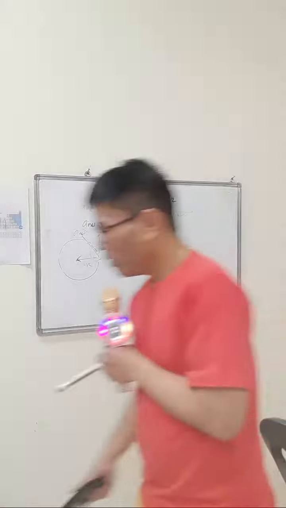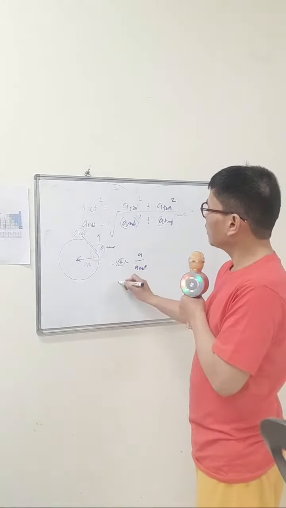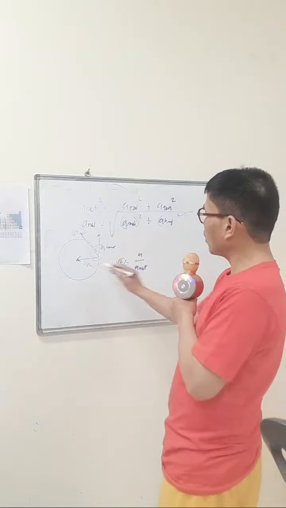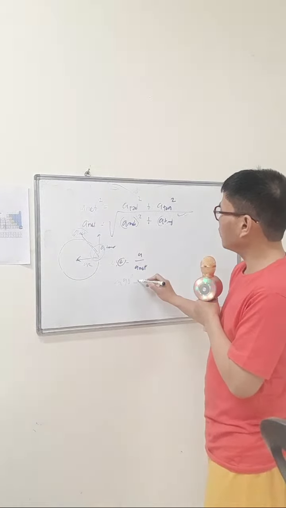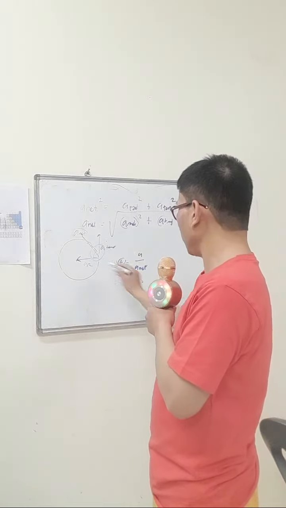Let's try cosine theta, and let's try this with 90 degrees. So it's equal to, it's going to be, A over A net.